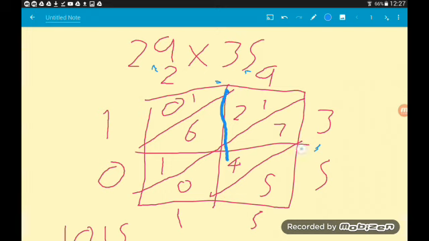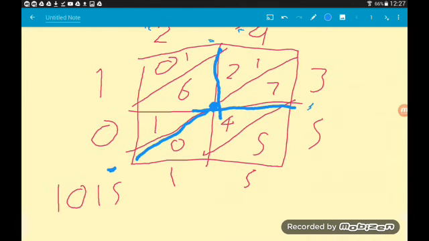This decimal on the side is rolling across. Where they meet, they then roll out on that diagonal, and the decimal is there. So 2.9 times 3.5 would be 10.15, just like that.